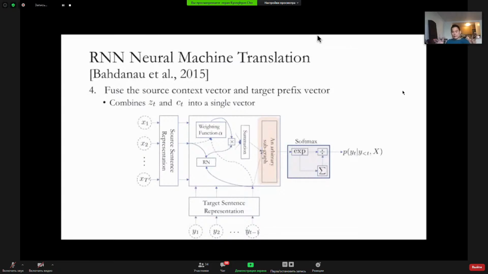And then again, let me emphasize that all the things that we have learned are the only things that you really need. We have learned how to represent a sentence that is of variable length. We have learned how to represent the sentence prefix. And then we have learned how to combine them using the attention mechanism.